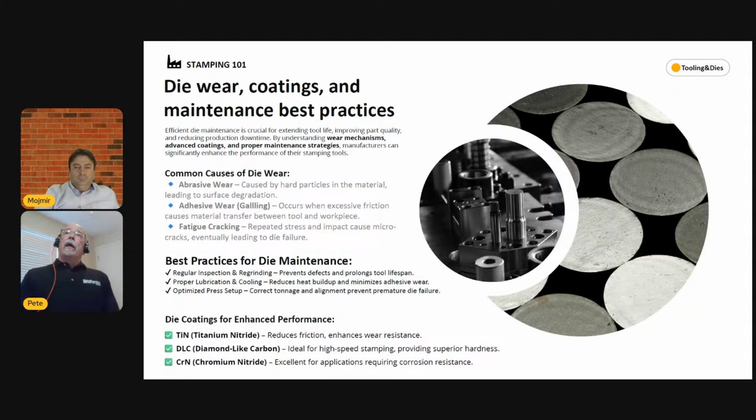abrasive wear? If you have a condition where you're experiencing abrasive wear, if I were to take my punch here, and weigh this very accurately, and after running in production, I weigh it again and the punch weighs less, it's worn out and it weighs less, it was subjected to abrasive wear.